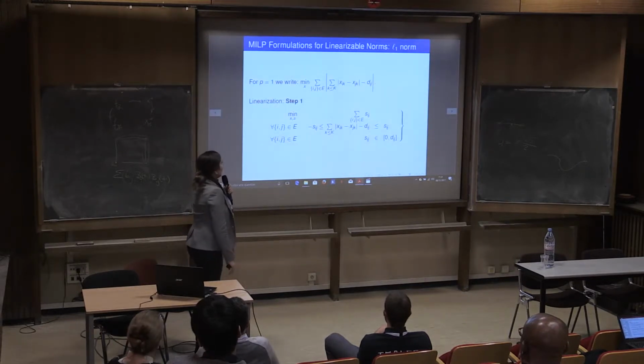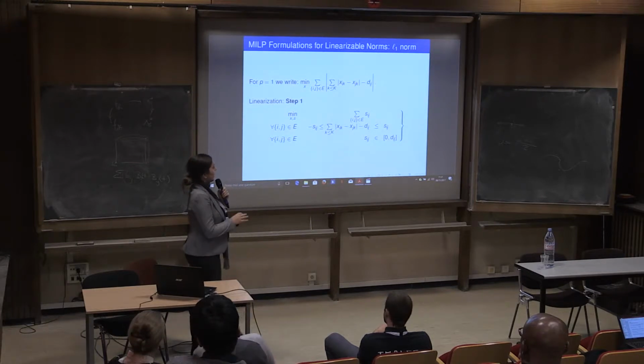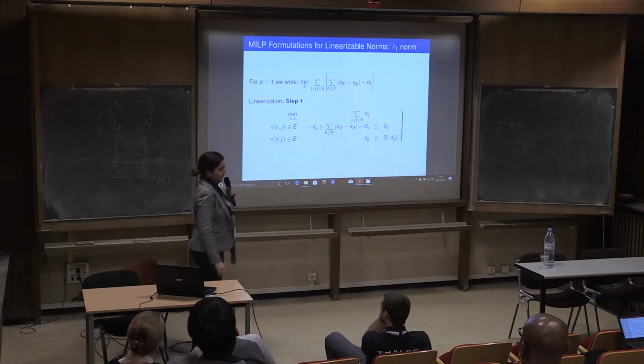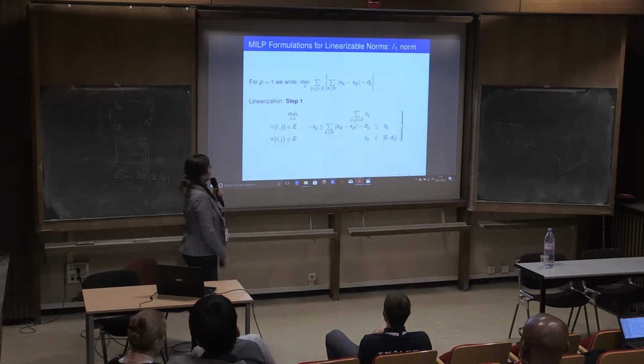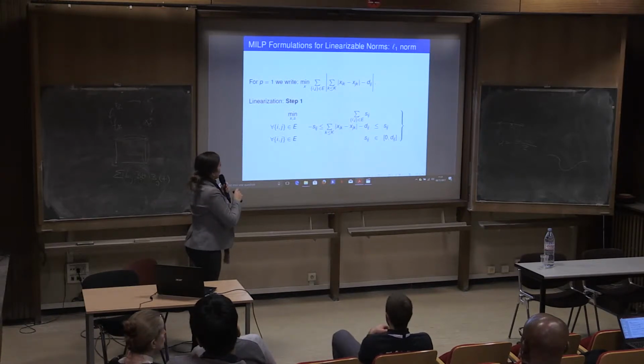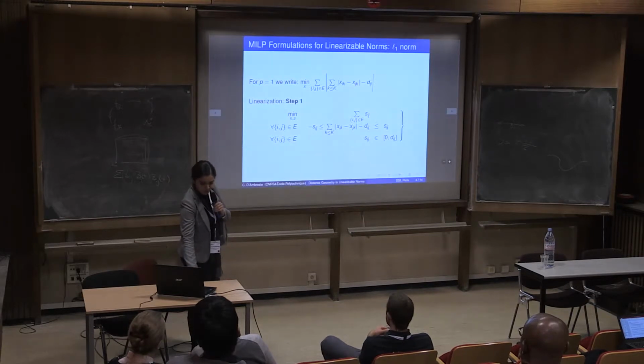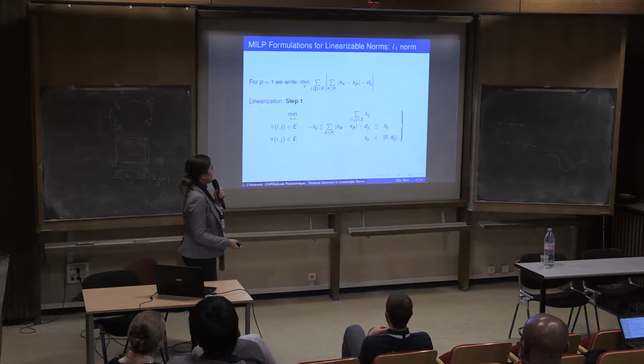Now let's focus on the case of the L1 norm. In this case, we have the minimization, over the set of edges, of the absolute value of the sum over k of the difference between the L1 distance of xi and xj minus dij. We might try to solve this problem directly, but that has been done before, and in the case of the L1 norm we have an advantage.